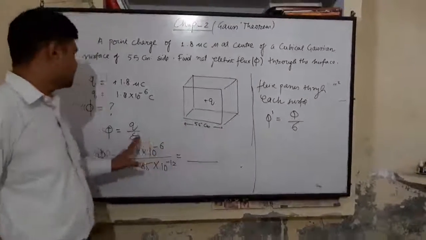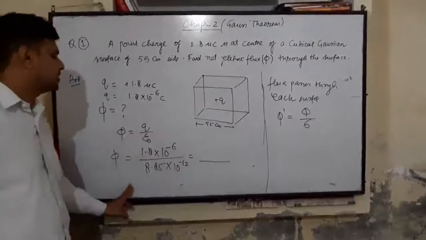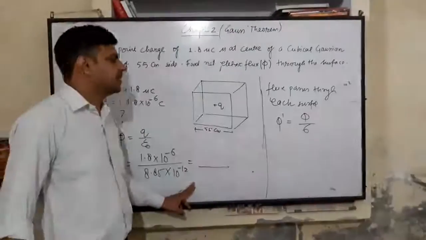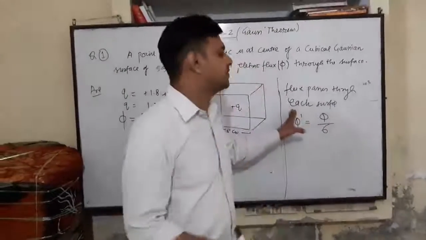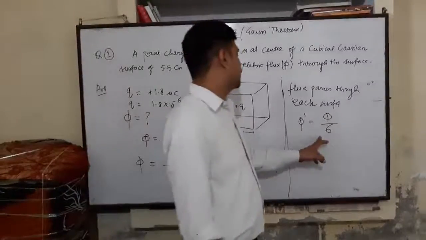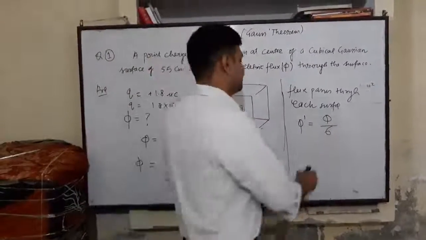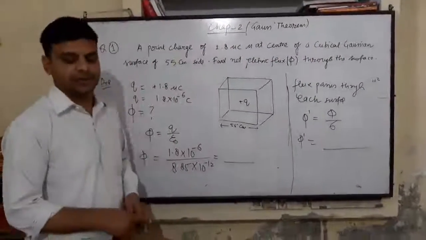The total flux passing through the whole cube, all 6 faces, is given by this. If we want to find the flux through only one surface, we have to divide this total flux by 6 because a cube has 6 faces. Now this will be the value of flux through only one surface. Got it?